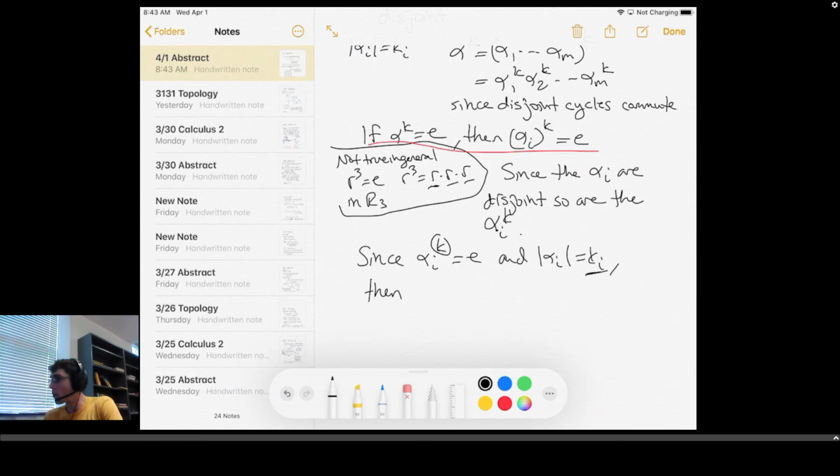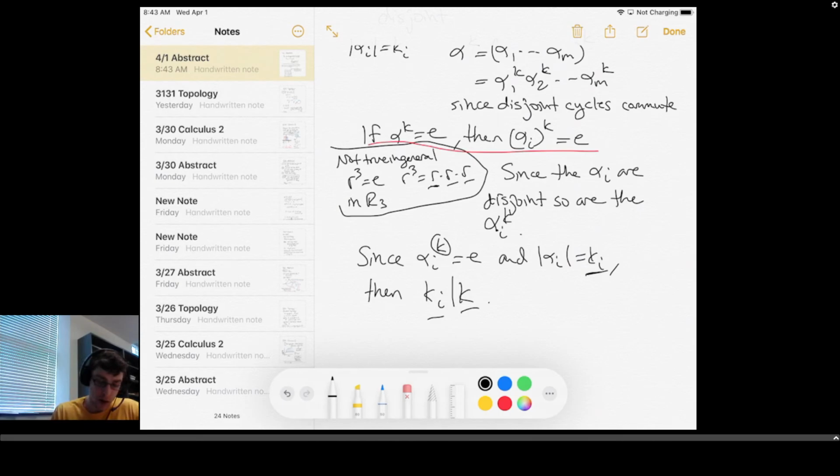It's the other way around. Yeah, exactly. So k_i divides k. Right, the order divides any positive power that takes you to the identity. I guess negative powers too.